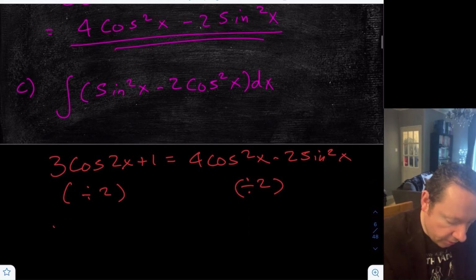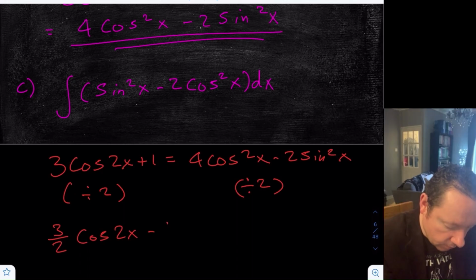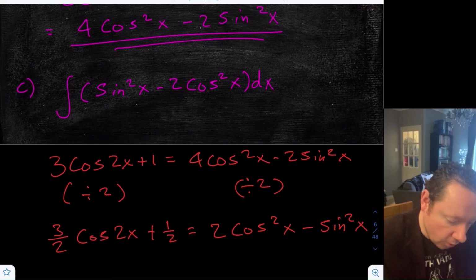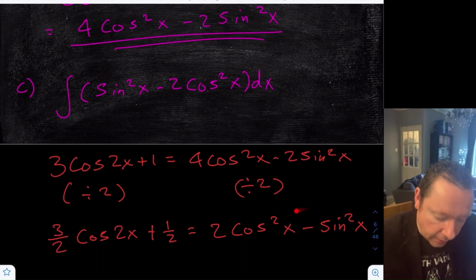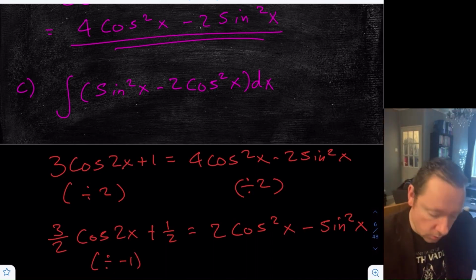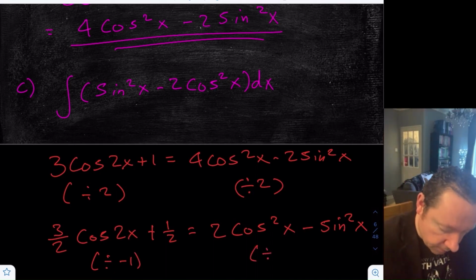We would get 3 over 2 cos 2x plus a half equals 2 cos squared x minus sine squared x. But this has the opposite signs. So if I then divide through by minus 1, or move everything to the left-hand side, I suppose, there's another way to think of it.